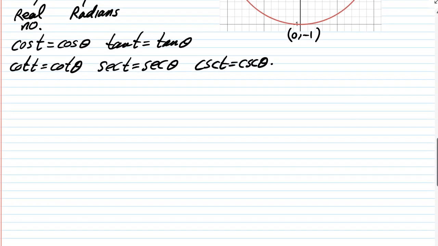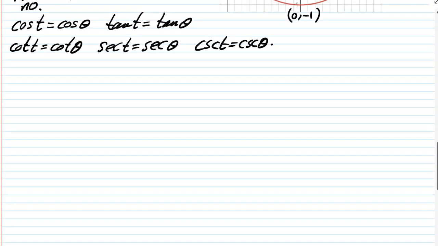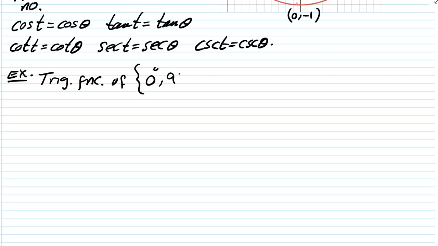Now that we've defined trig functions in terms of angle theta, let's do this. In this example, let's say we want to find the trig functions of these special angles: 0, 90, 180, 270, and 360 degrees.